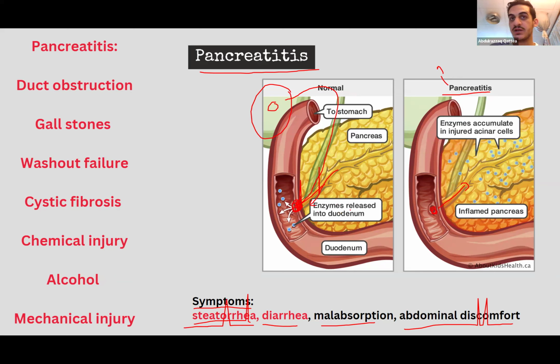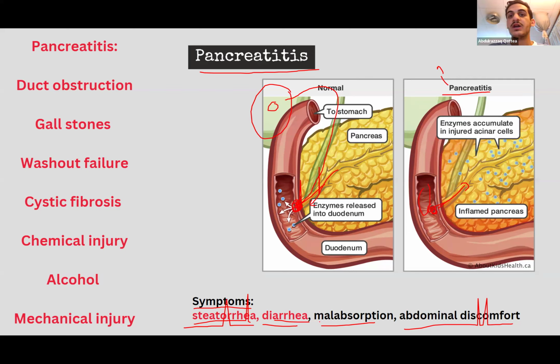And why is that? Because there are no pancreatic secretions going to the duodenum, so there is no breaking down of lipids. Thus, there is no digestion of lipid. So the lipids will go all the way from the duodenum to the large intestine without being absorbed because they are not broken down to a simpler form.